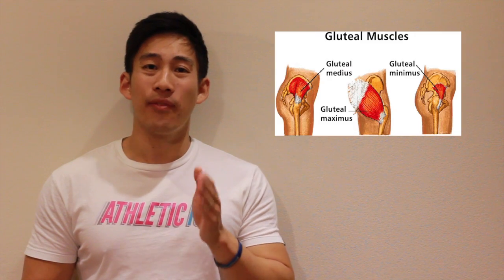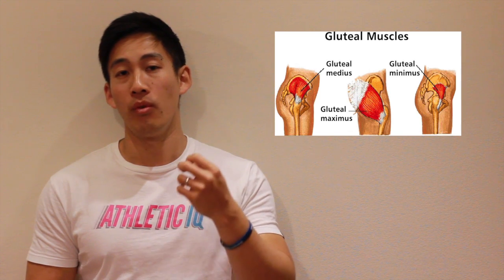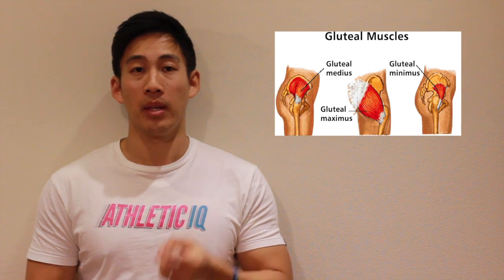The next exercise that we can use with the foam roller is the glute release, or otherwise known as your buttocks. This foam roller exercise is basically designed to improve your glute flexibility.